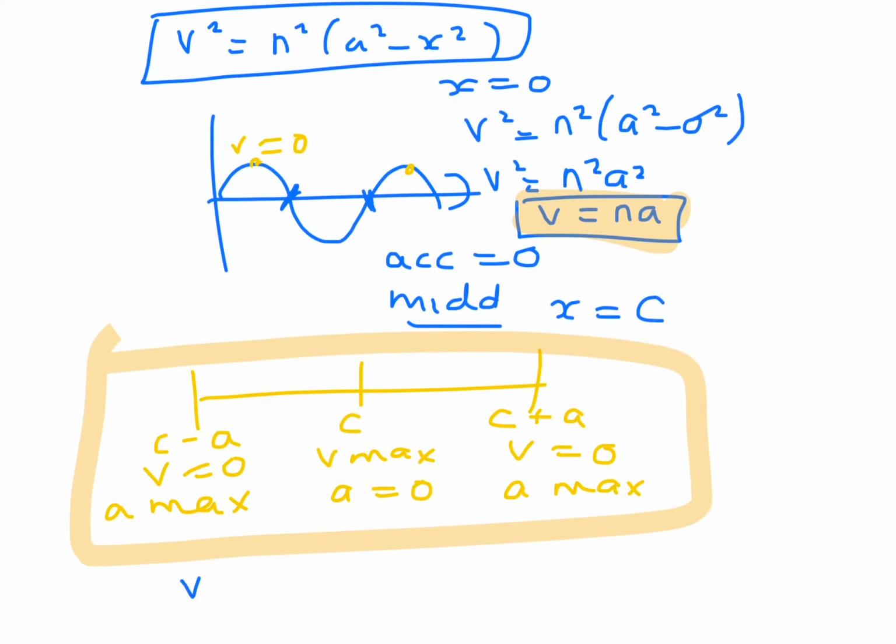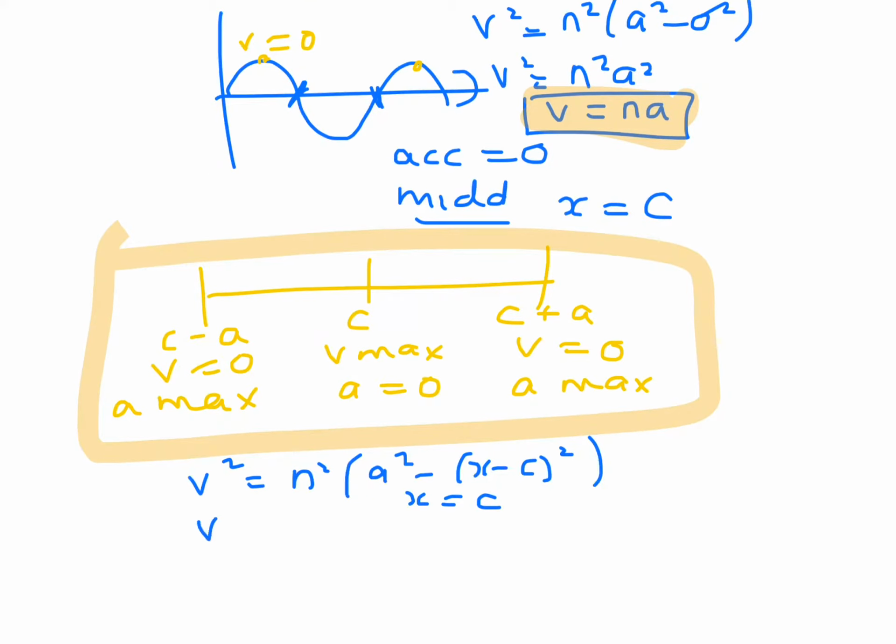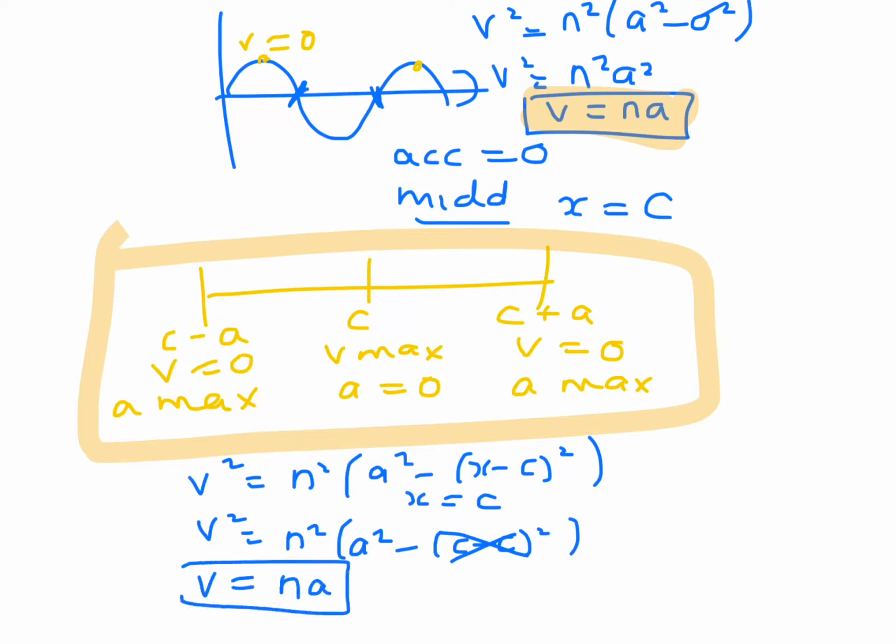Okay, and it will follow the same even if we did the shifted graph, because that's x minus c squared. So if I make x equals c, all that's going to do is go n squared, a squared minus c. That will give you the 0. Okay, so you get v squared is n squared a squared. So v will equal na.